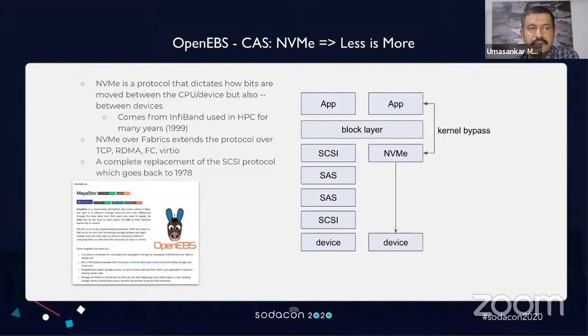Using OpenEBS MayaStore, you get wire speed. Primarily, it uses the SPDK, the Intel Storage Performance Development Kit, and it integrates very nicely into Kubernetes scheduling and control plane, and it works by bypassing the kernel. So do take a look at it.